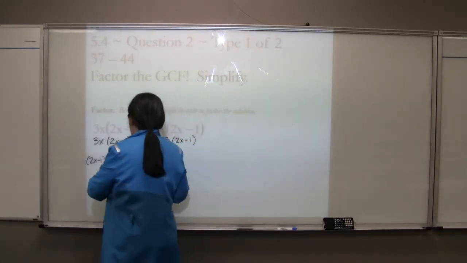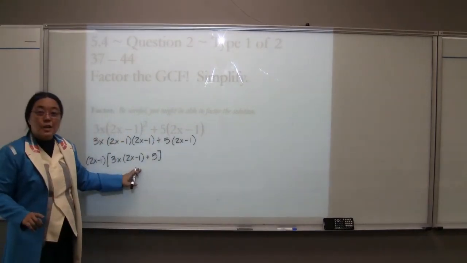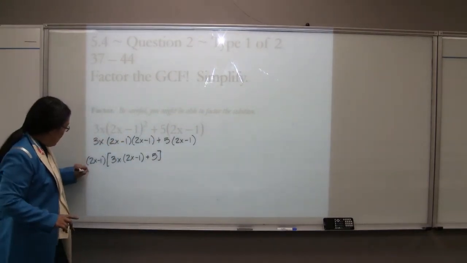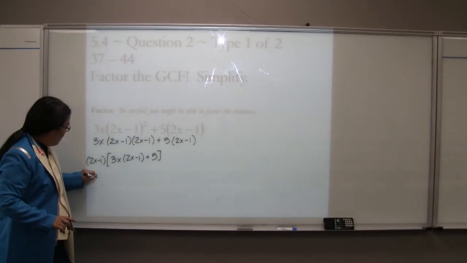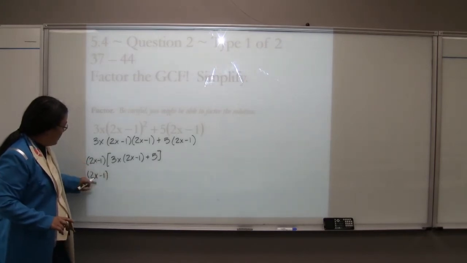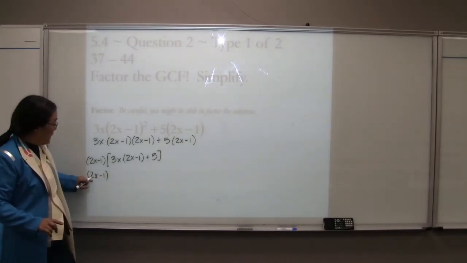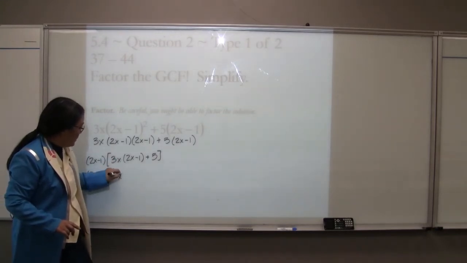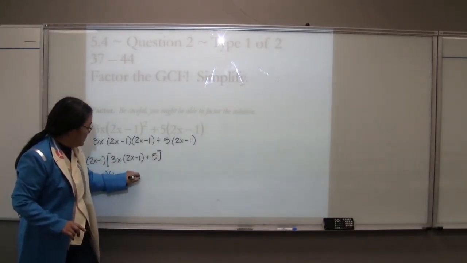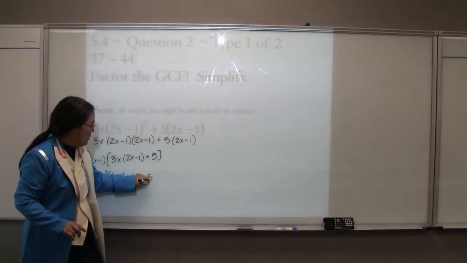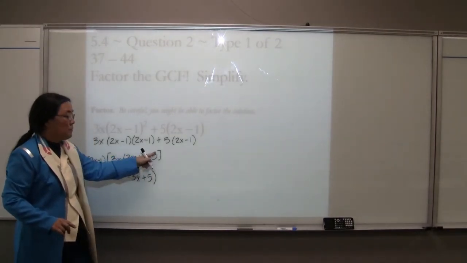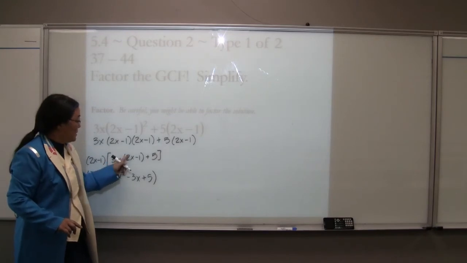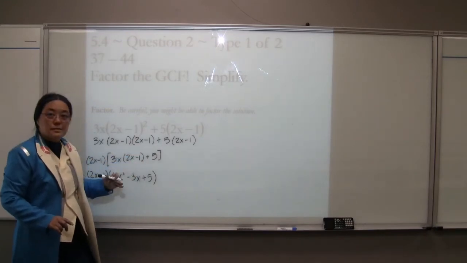Now, I see a wonderful Chapter 1 distributive problem here. Make sure that this is not the amazing disappearing, reappearing binomial. It has to be on all these lines. And if I were to distribute, I would get 6x squared minus 3x plus 5. Be careful. I've had some students who have gotten the 15x here because they didn't stop when the parentheses told them to stop.